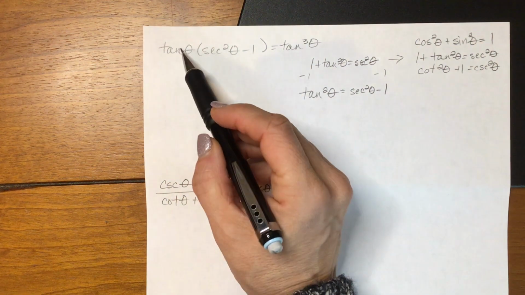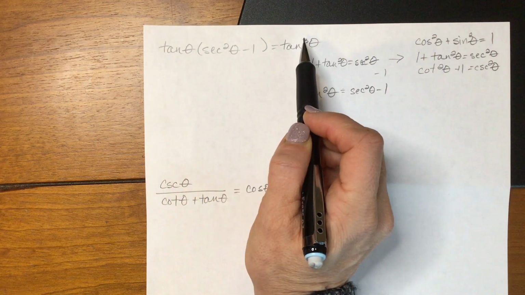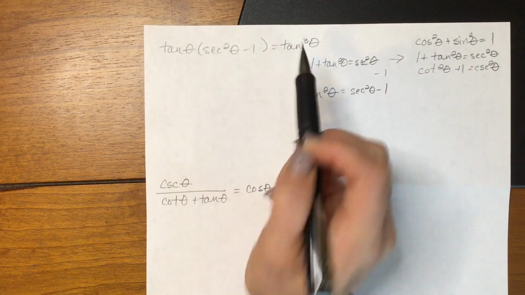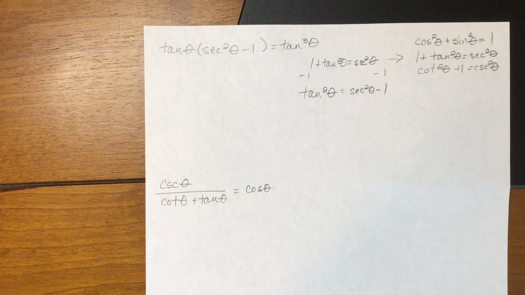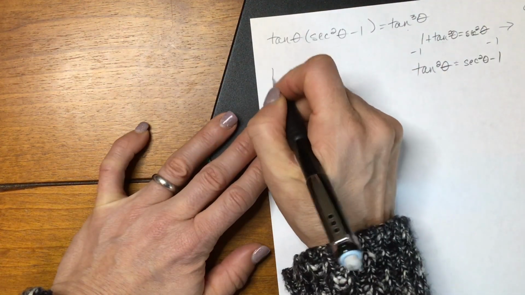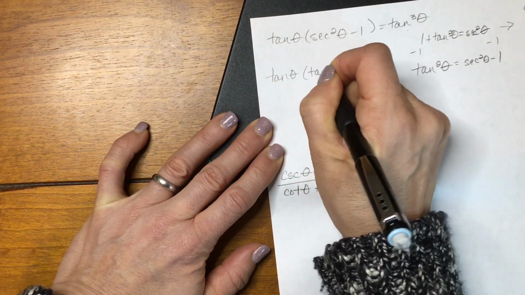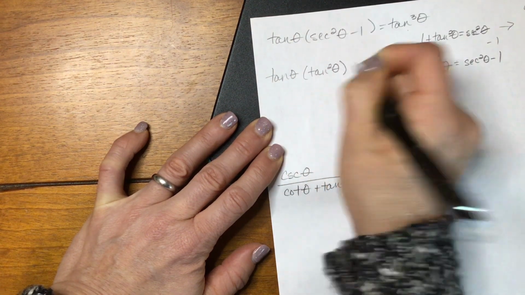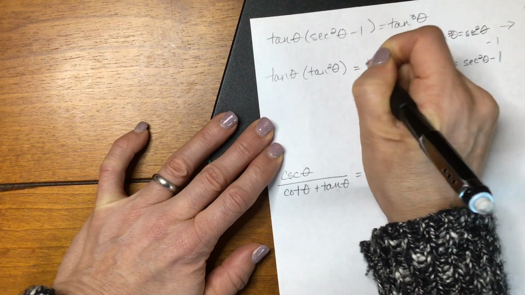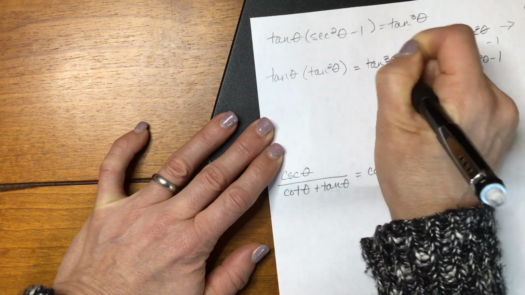And because I'm trying to go from tangent times this to tangent cubed, I'm going to substitute that in because they're equivalent. So we have tangent of theta times tangent squared of theta equals tangent cubed of theta.